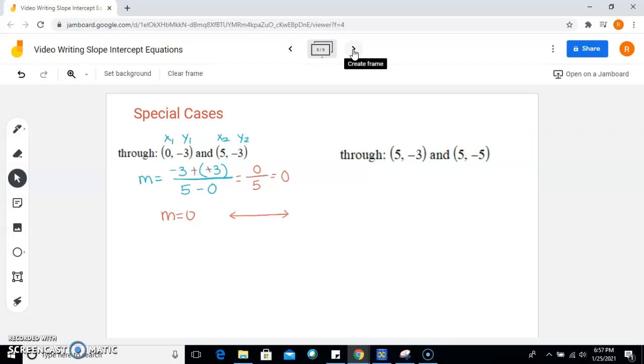So if our line is horizontal, your equation is going to be y is equal to a number, and it's going to be whatever the y value is. I can see that my y values were the same. So that means my line, no matter where it is, it's going to hit negative 3. So the equation of this line would be y equals negative 3.